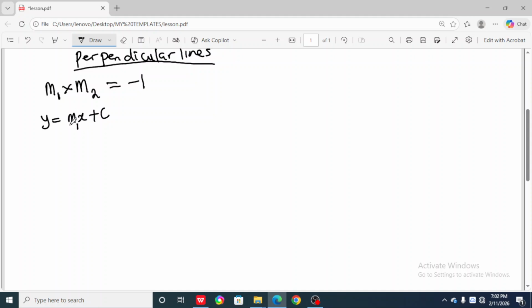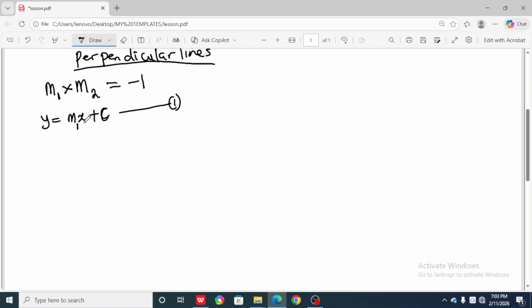So we need to find the gradient m1 and the y-intercept c. Once we find m1 and c, we substitute them in this equation, which I call equation 1, and with that we have achieved what they asked us to look for.